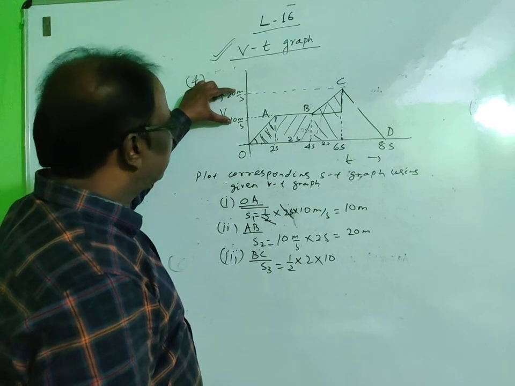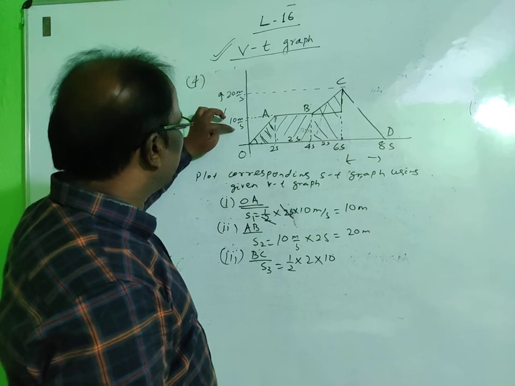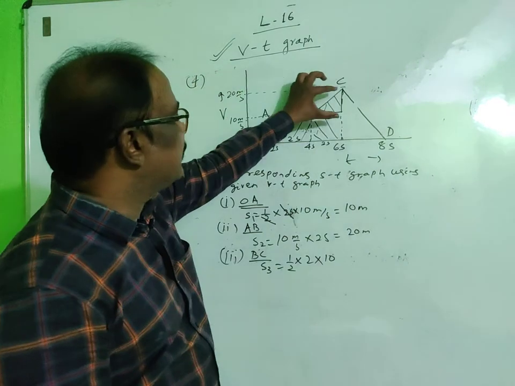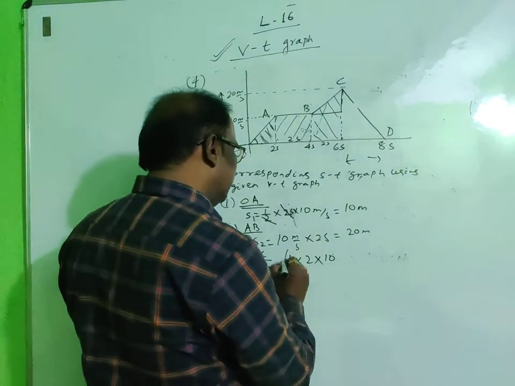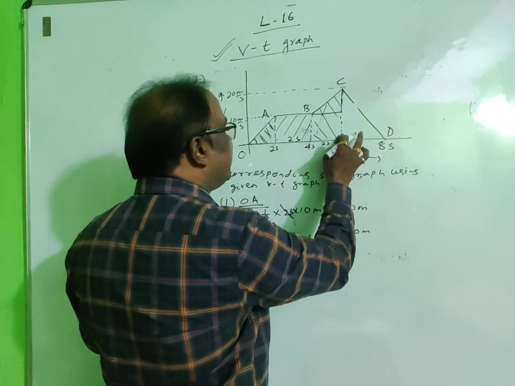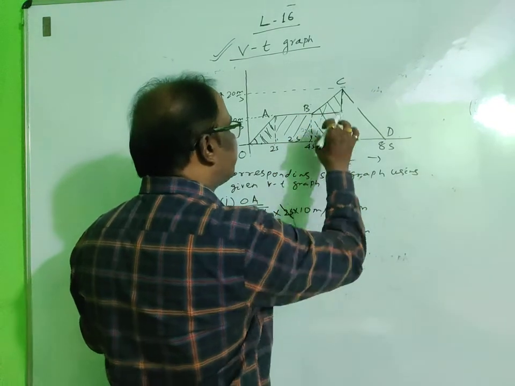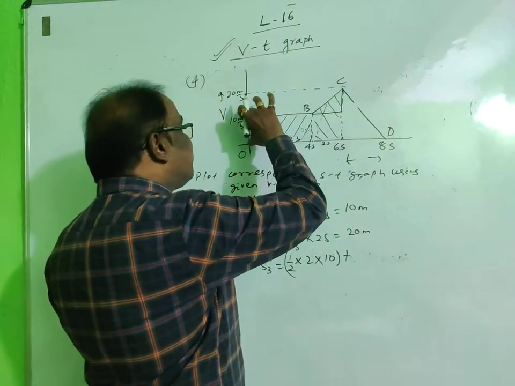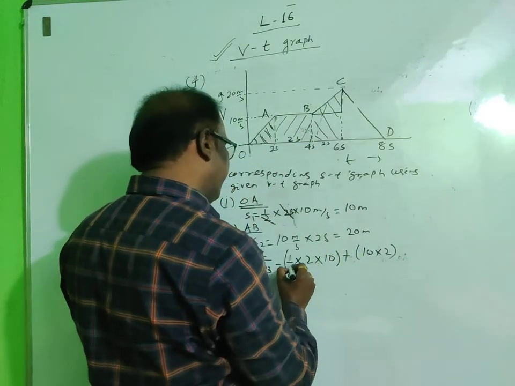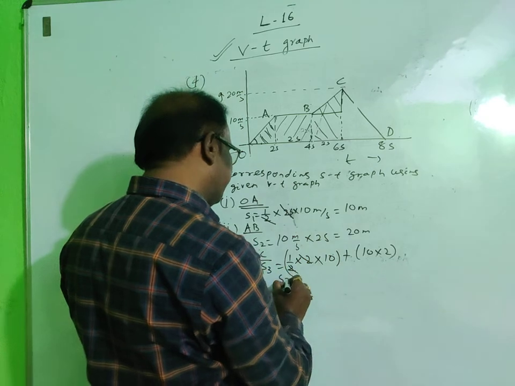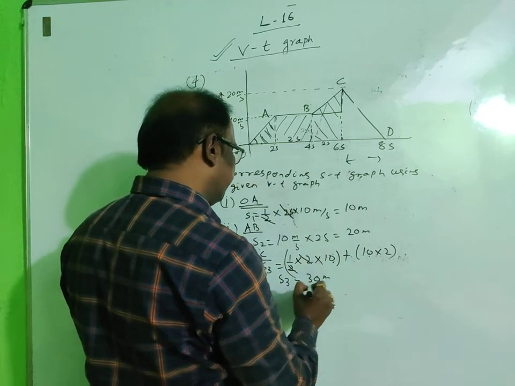For the rectangle, length is 2 and breadth is 10 meters per second, so 10 into 2. Then S3 is equal to 10 plus 20, which means 30 meters.